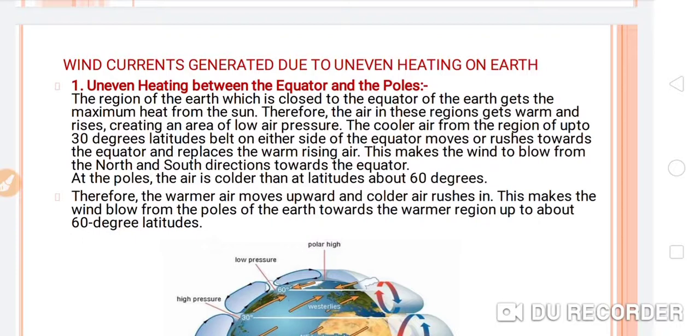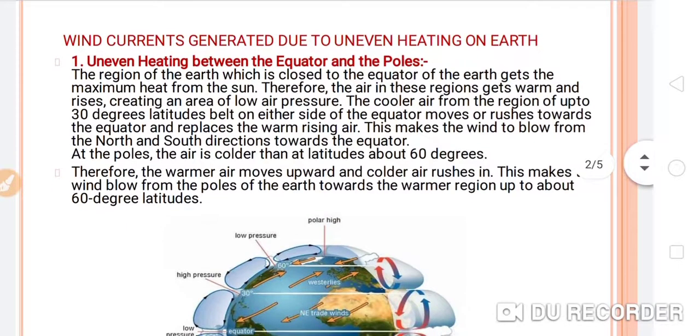This cavity is occupied by the cold air. This makes the wind blow from the north and the south towards the equator.